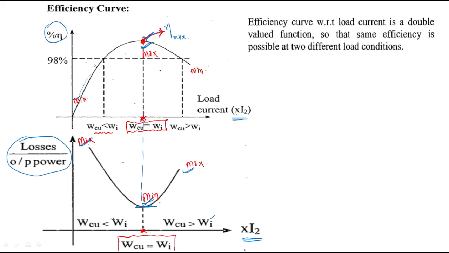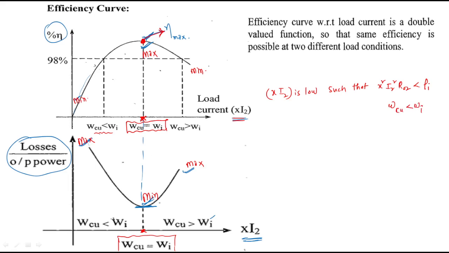But because the load variation changes, that is xI2 is low, such that the copper losses x square I2 square R02 are less than iron losses. That's why WCU should be less than WI.